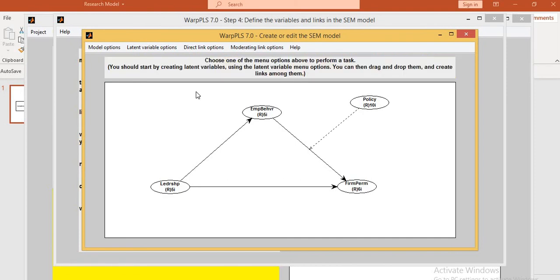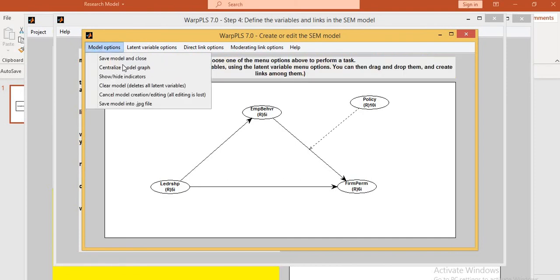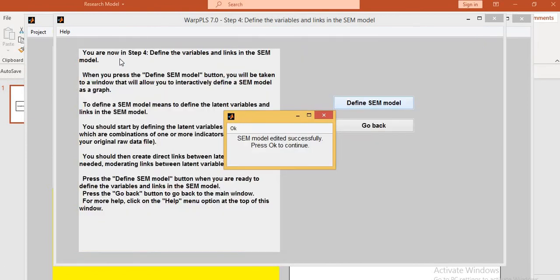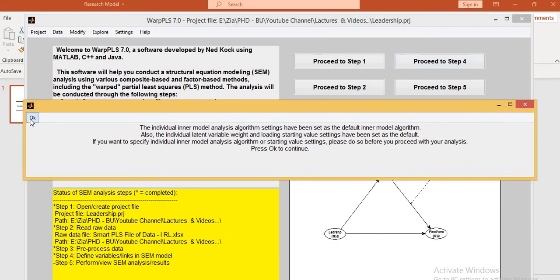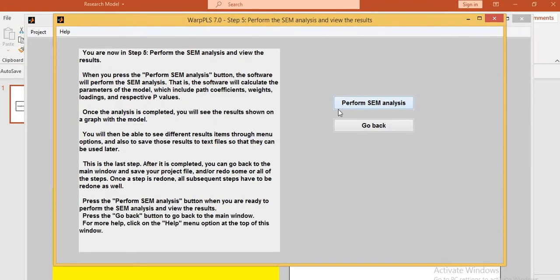Look at this. This is a different structure and this is a different model. And by doing this, okay, perform SEM.